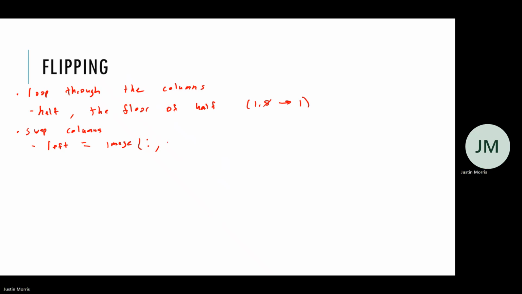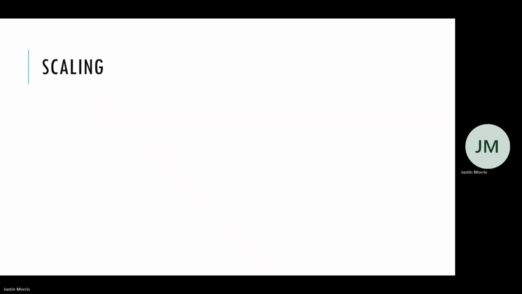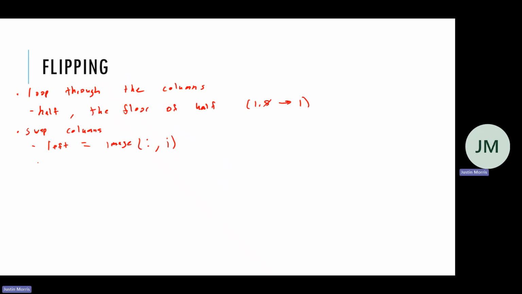So, which is my current index I, probably. So I want all of the rows of index I. That's my left. What's my right? It's also from image, right?